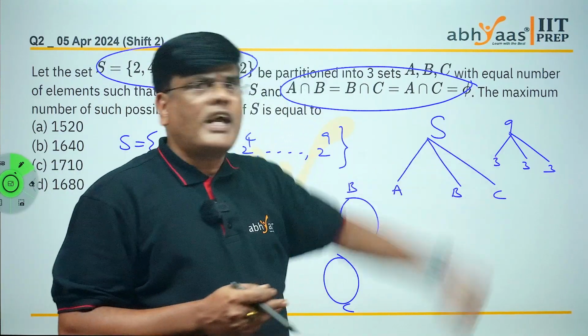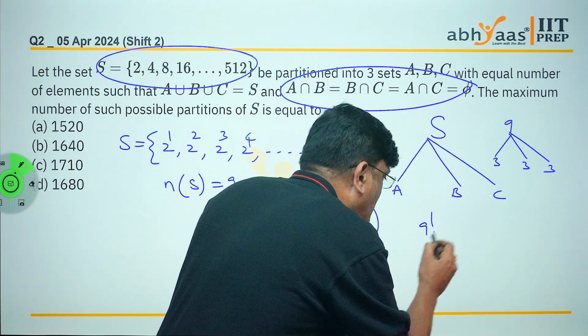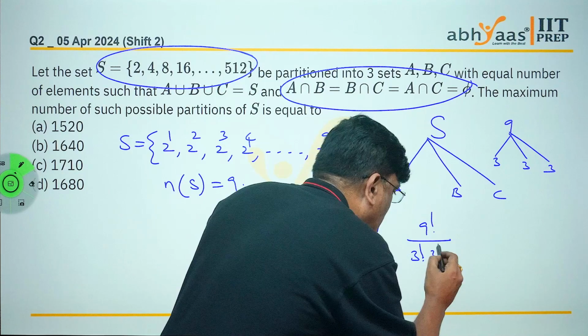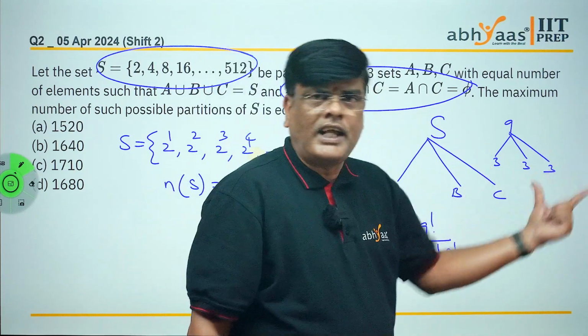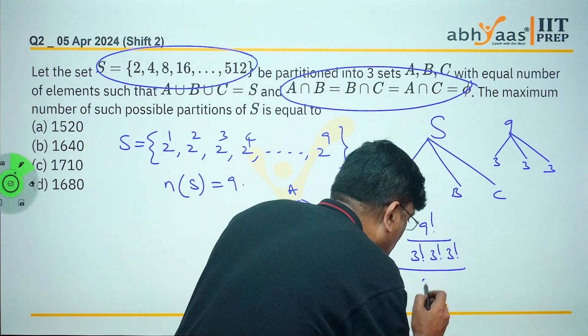Now with this structure I can write the number of ways equals 9 factorial by 3 factorial into 3 factorial into 3 factorial. But here these 3 groups are identical, that means repeated thrice, so we have to divide by 3 factorial.